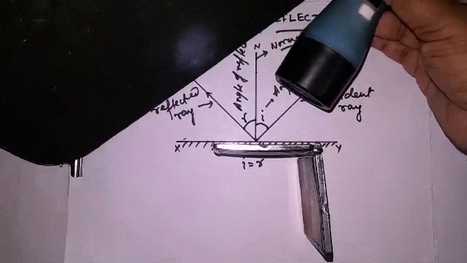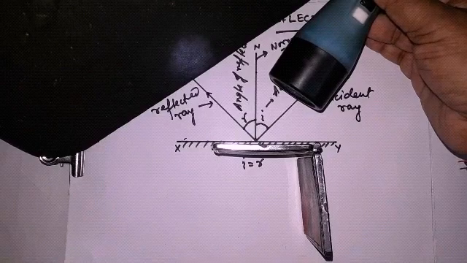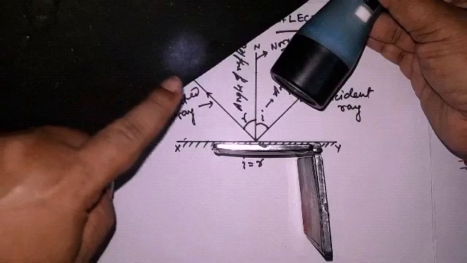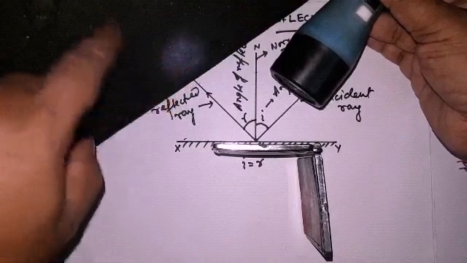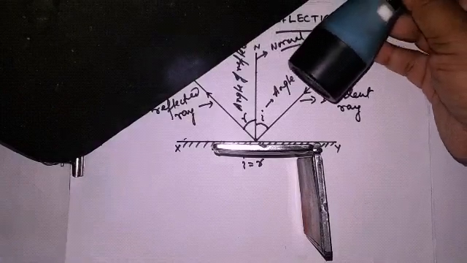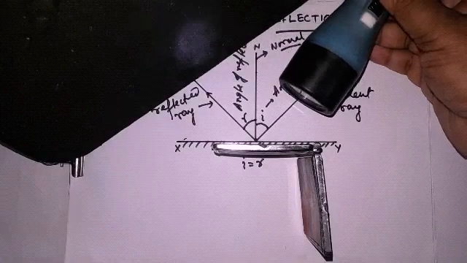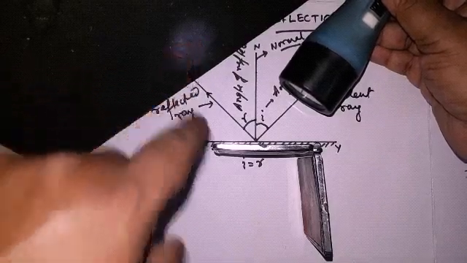I'm just putting this source of light on the mirror, and I'm getting a reflection over here. This is the reflection of the source of light. If I'm putting it directly, it looks like this. Now, if I'm putting it on the mirror, it is reflected back at this particular spot.